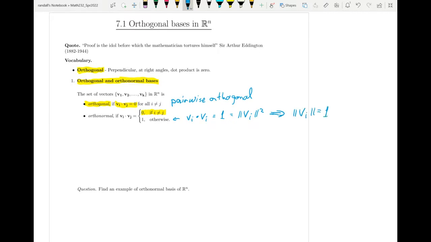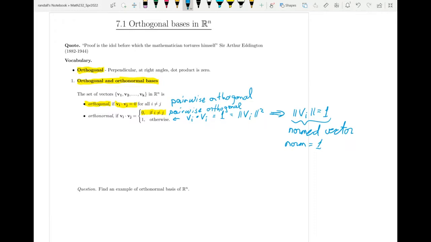So this is the notion of a normed vector, okay? A vector that has norm 1, in addition to pairwise orthogonal. Okay, so it's a little bit more than just an orthogonal set of vectors.